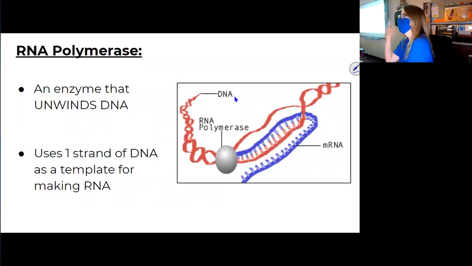If y'all remember in DNA, when we made a new strand of DNA, we used DNA polymerase. Well, if we're going to make RNA, we're going to use a new enzyme. It's called RNA polymerase. You're not going to be tested on it. That's why it's not on your notes. I'm just telling you about it so you understand why that enzyme set was there as well. Like it doesn't just magically happen. Something specific is doing it. Instead of DNA polymerase, it's RNA polymerase, okay?